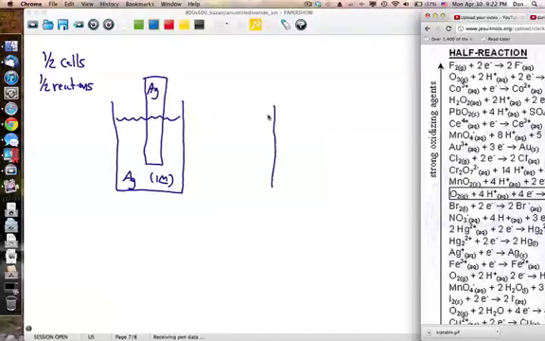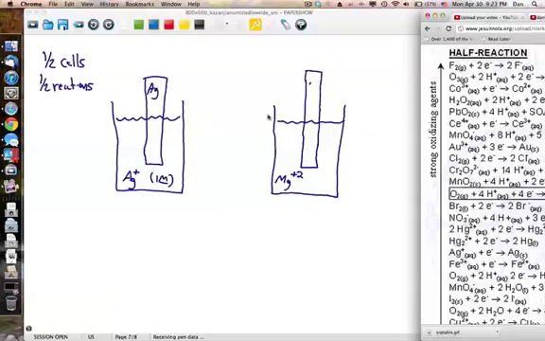and then another solution, say with some magnesium ions and magnesium metal, and you connect them with a wire, we almost have a battery.